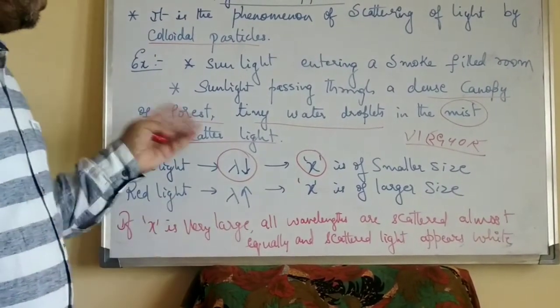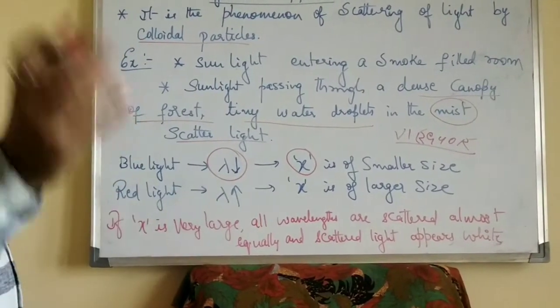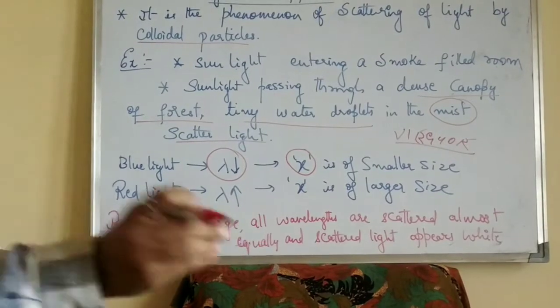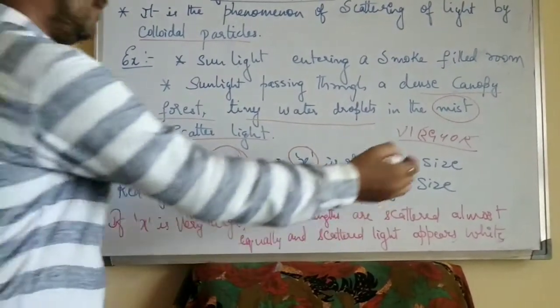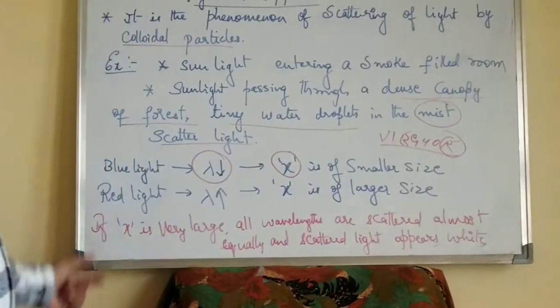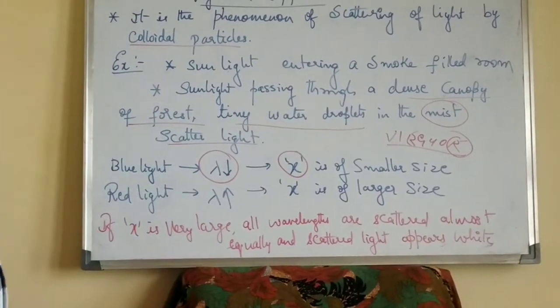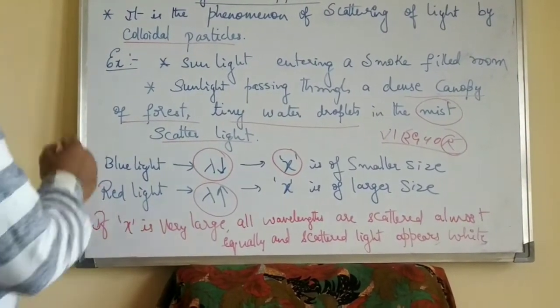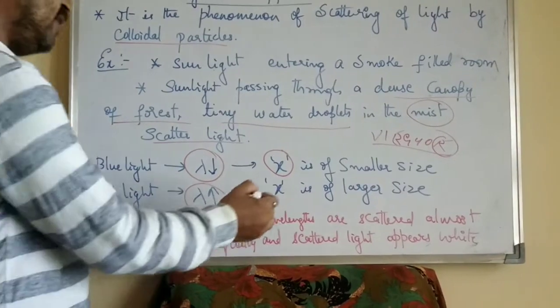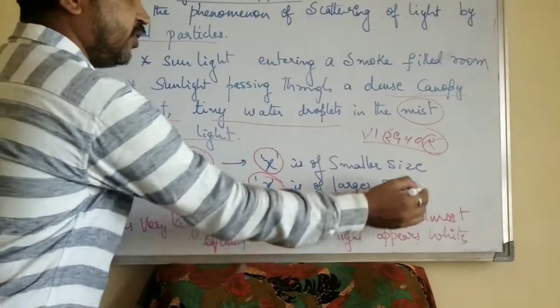So if that particular light has to be scattered, you require the particles or the scatterer to be smaller in size. Similarly, red comes later, right? So red has a higher wavelength. The wavelength of red is very high. So in order to scatter red light, the size of the scatterer or the particles should be larger.